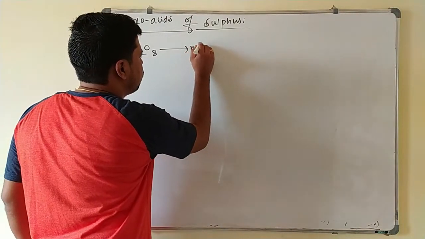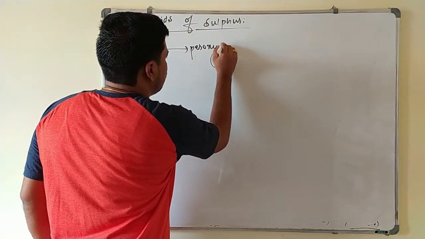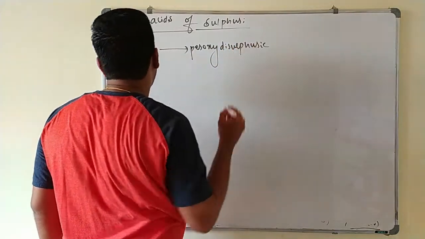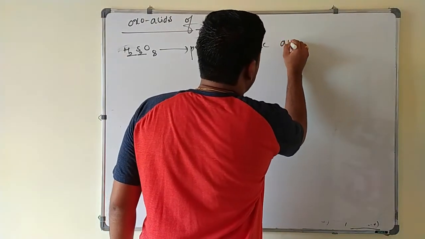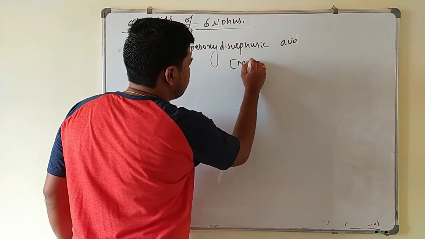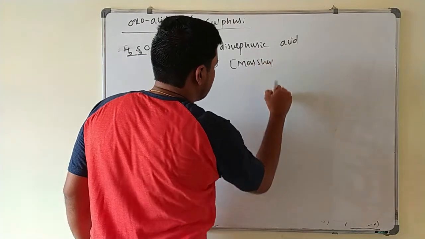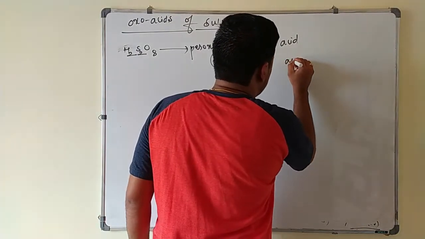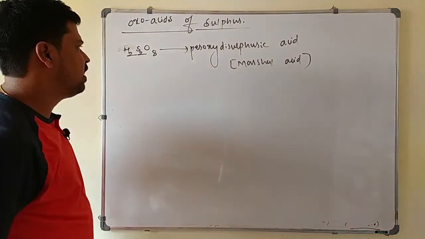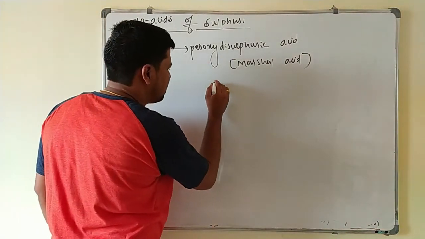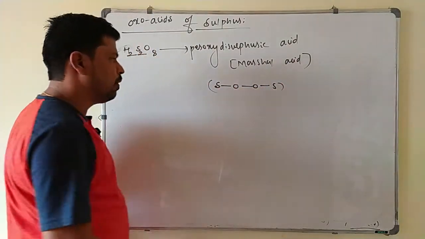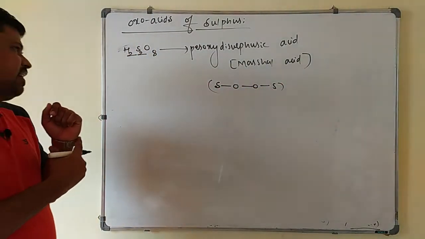Peroxydisulfuric acid, and it has a special name called Marshall's acid. This peroxydisulfuric acid has one peroxy linkage, that is an SOOS linkage, in this one.